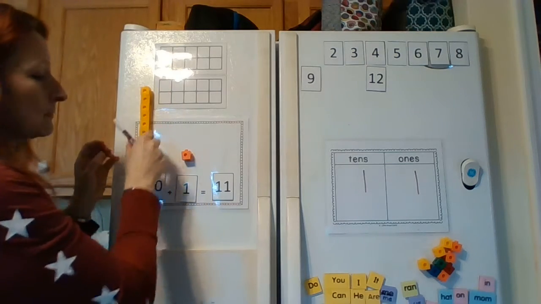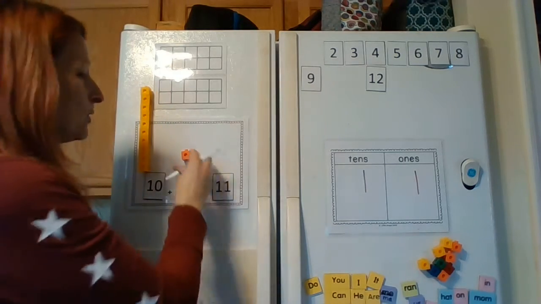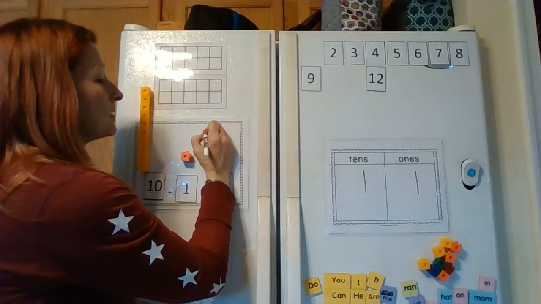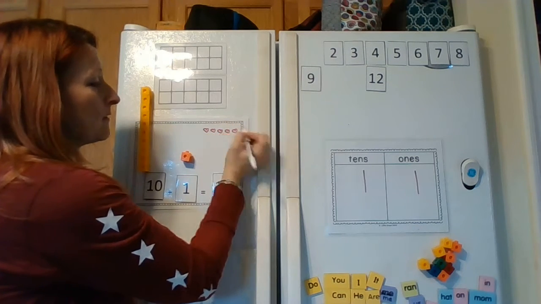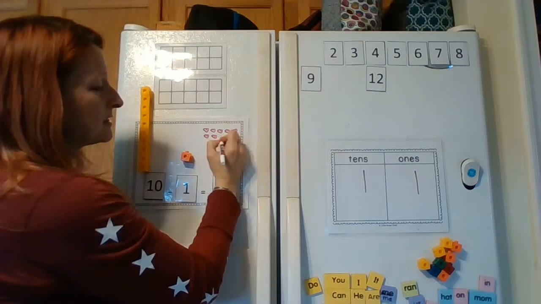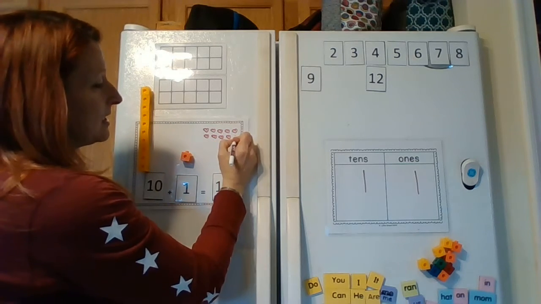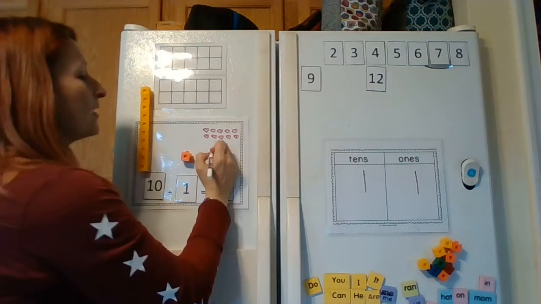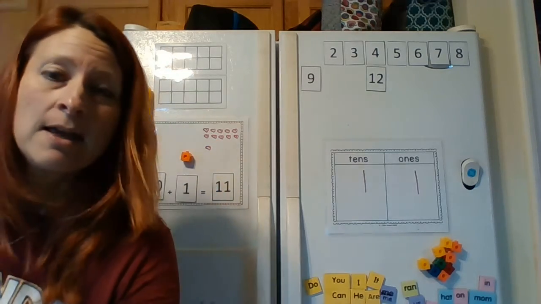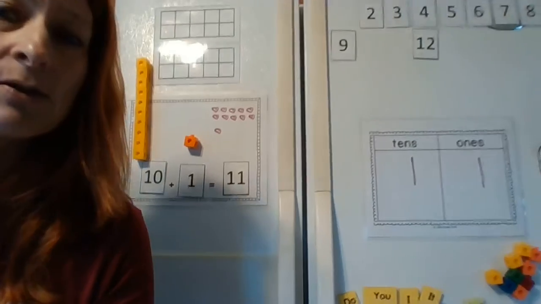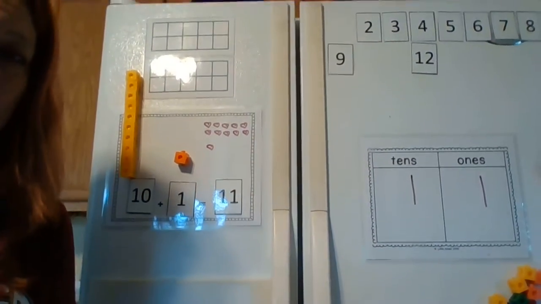Now, to show 11, you could draw 11 objects. 1, 2, 3, 4, 5, 6, 7, 8, 9, 10, and then one more, which would be 11, which I did for hearts. Now I'm going to pull you up a little bit closer so you can see our 10 frames.